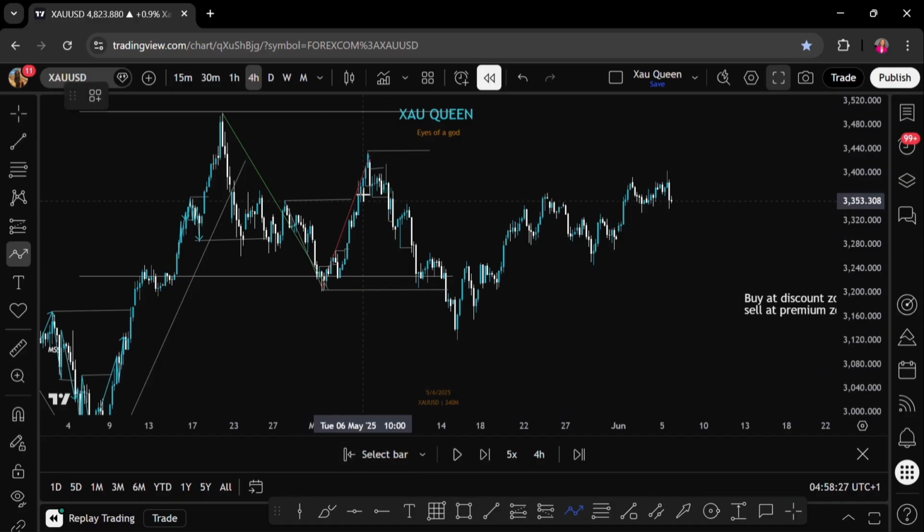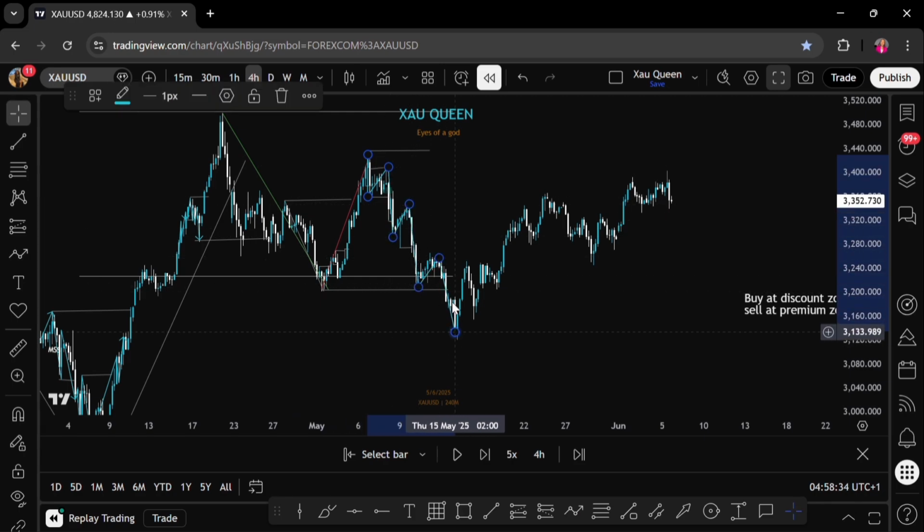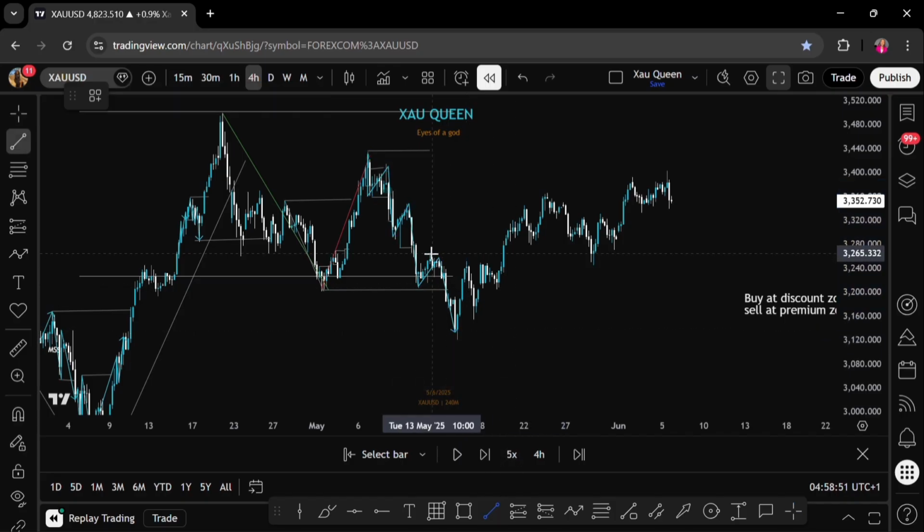You can see after this corrective move, the 4 hours started giving us internal structures, internal structures, internal structures. And there's this thing with these 3 breaks of structures. When we get there, I will tell you how to use it and use it well. Now you can see it gave us internal breaks of structure to the downside, and after that, it changed character here.